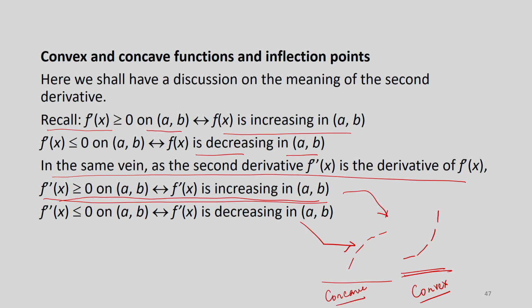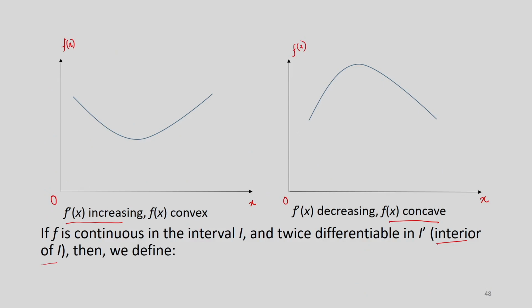Concave functions are where f dash of x is decreasing, and that we have seen is equivalent to saying that the second derivative is negative. So, here you have second derivative negative, here the second derivative is positive, or weakly positive, weakly negative. That is why I said that these three things are going together and these three things are going together.